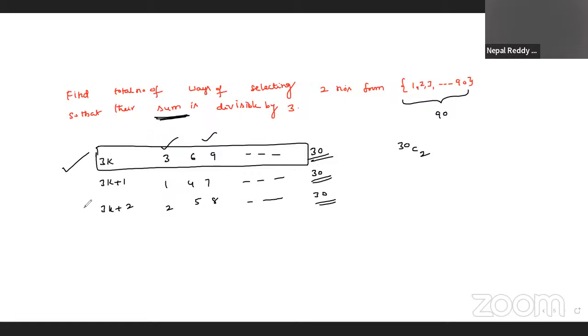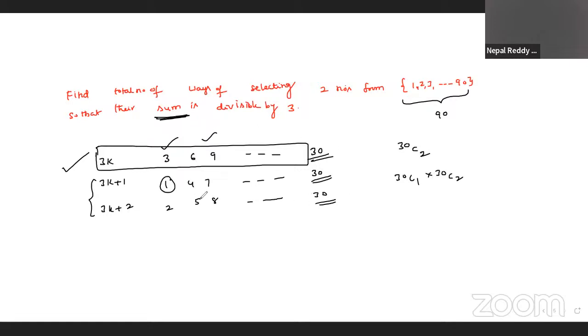Next, 3k plus 1 and 3k plus 2. Select one from 3k plus 1 and then select one from 3k plus 2. That is also divisible by 3. The sum of those numbers is divisible by 3. Why?